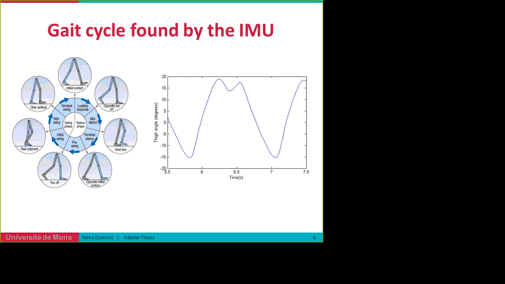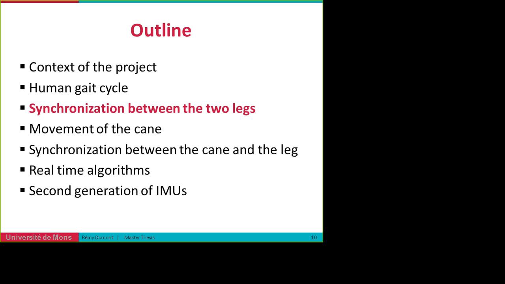So to study the synchronization between these two legs, we should be able to find a synchronization between both of the thigh angles of the two legs. That's what we did next.